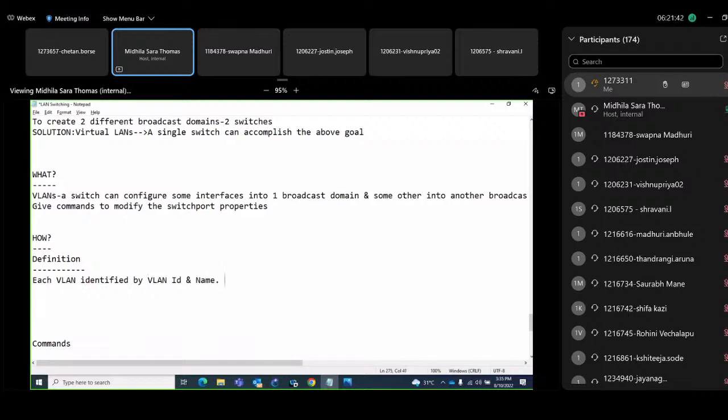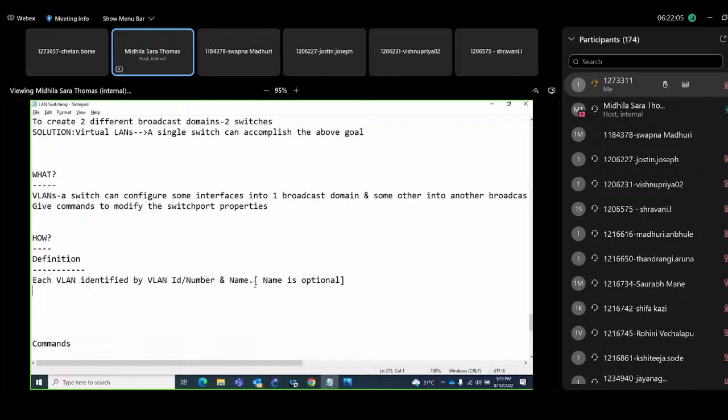VLAN name is optional, which you can give or not. ID is nothing but a number. Name is optional, but ID is compulsory. It should be a unique ID, but the name is optional.